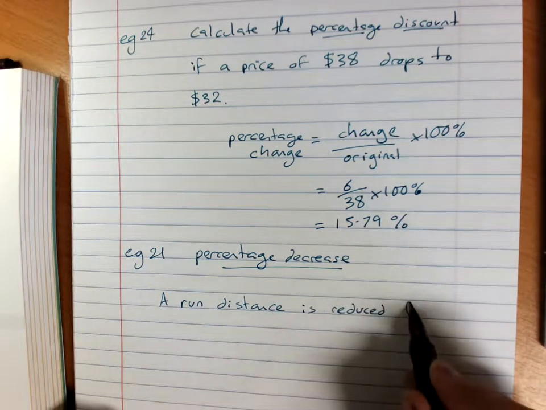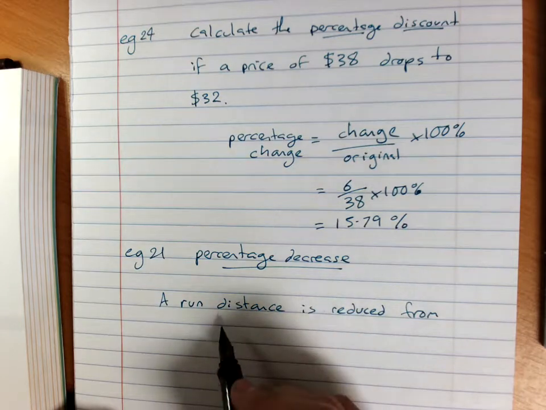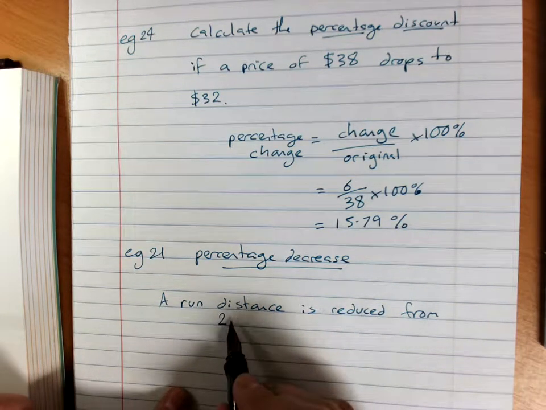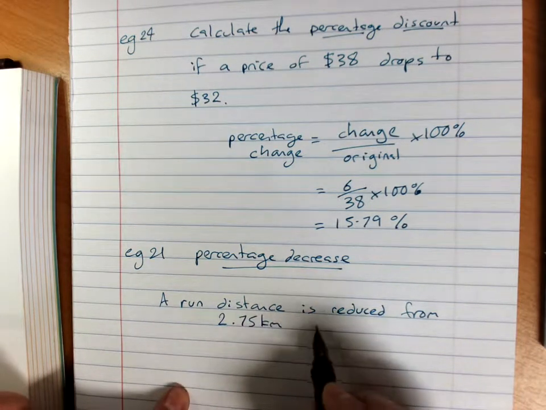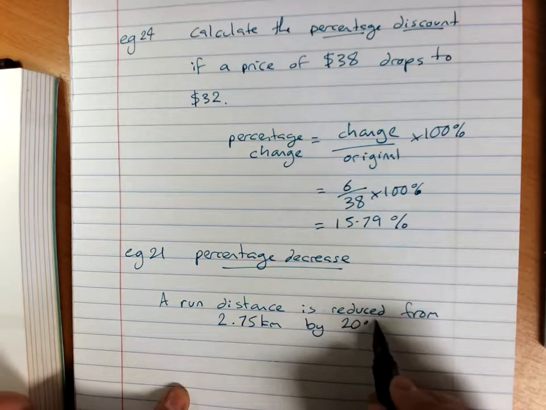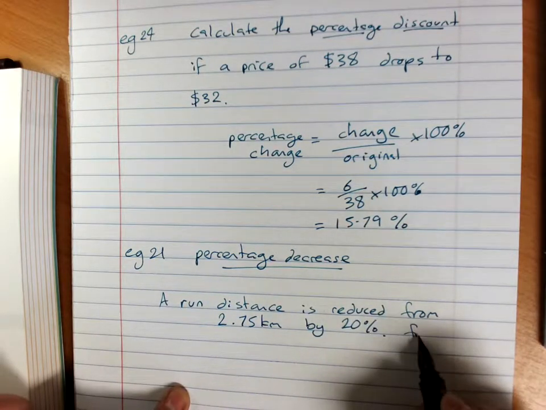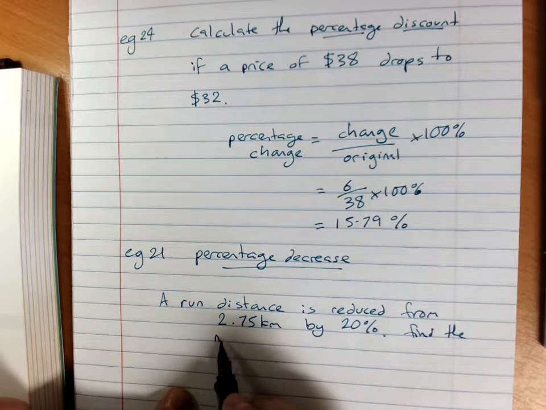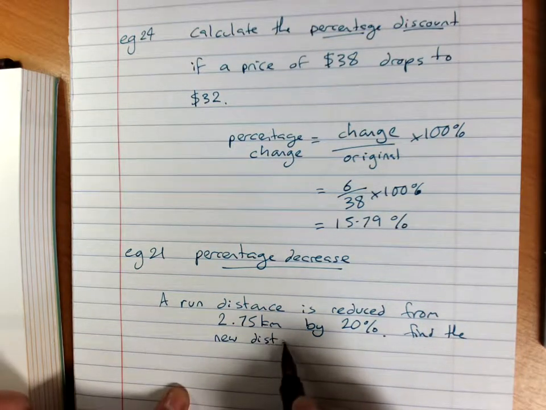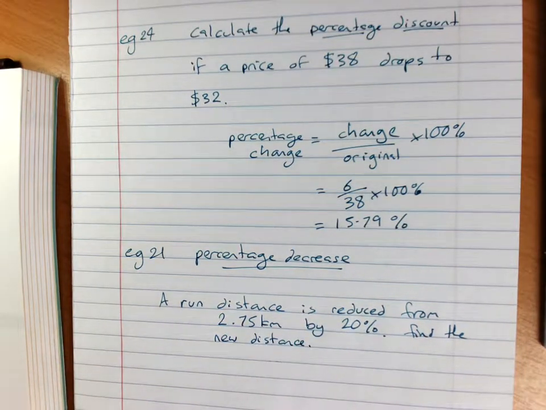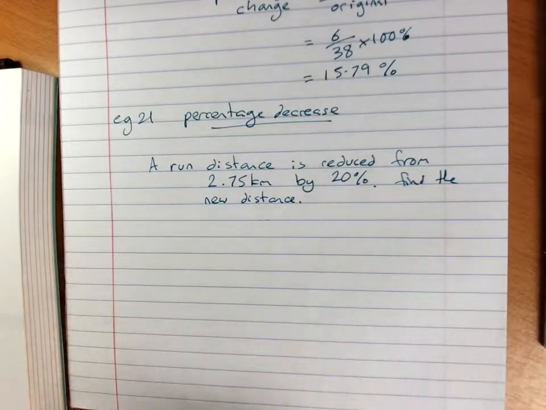It is reduced from 2.75 kilometers by 20%. Find the new distance. So they reduce the run distance by 20% to make us feel better. I don't know, it's too hard or something like that.